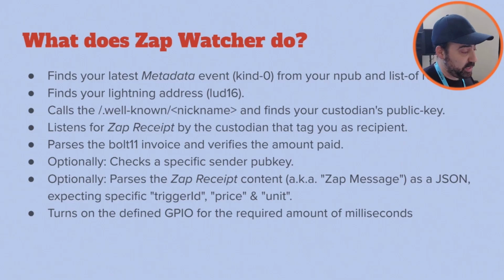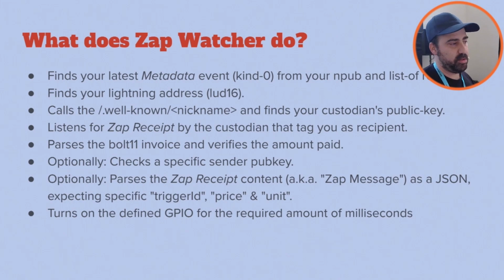It finds the Lightning address. It calls the well-known URL and finds the custodian public key, which is a different public key. It listens to zap receipt events that the custodian publishes, and also tag your profile as the recipient of the zap. It parses the invoice and verifies the amount paid.